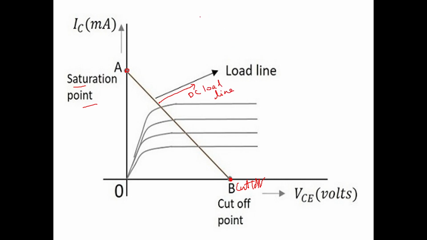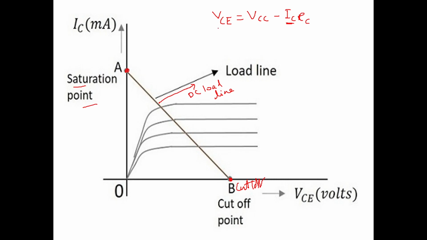Now if you want to speak about what the DC load line is, you have to remember the equation we had taken: VCE is equal to VCC minus ICRC. If you want to know the maximum collector current, then the voltage between collector and emitter will become 0.